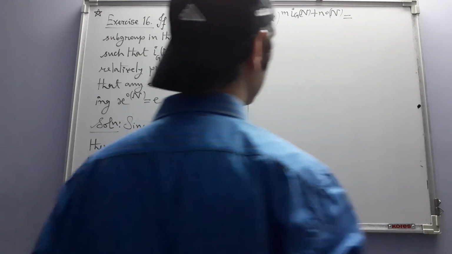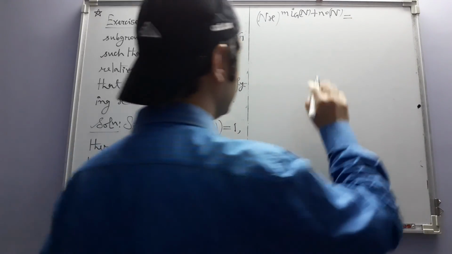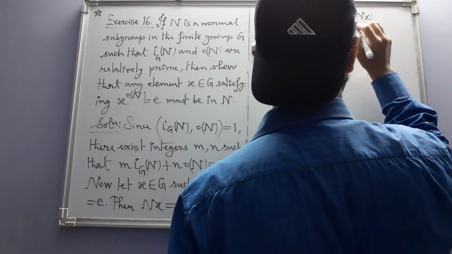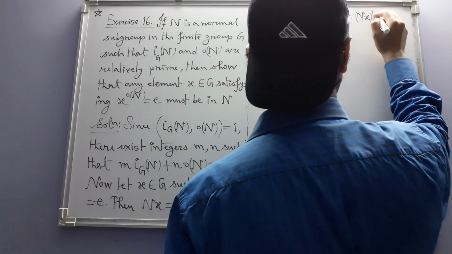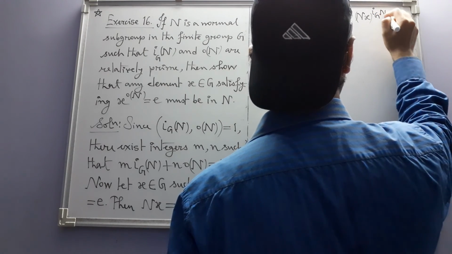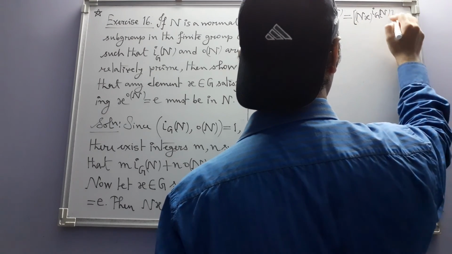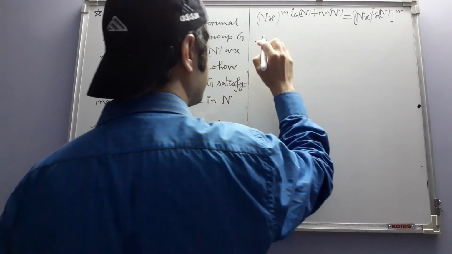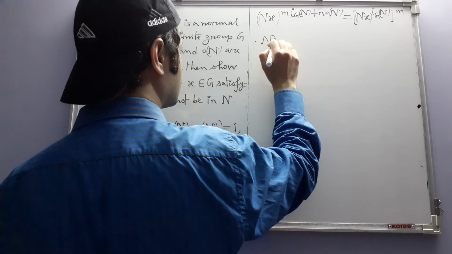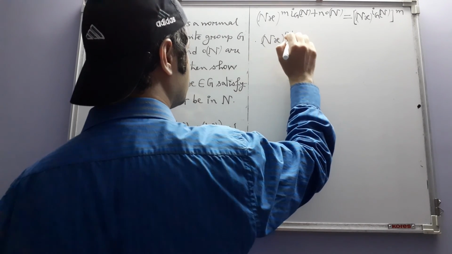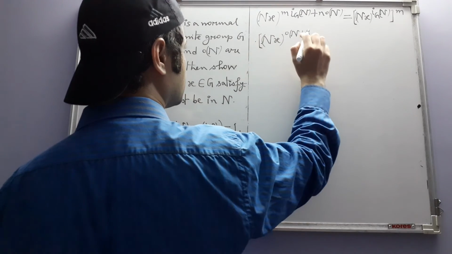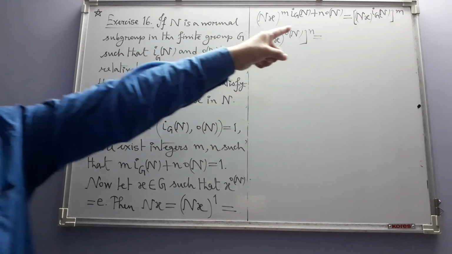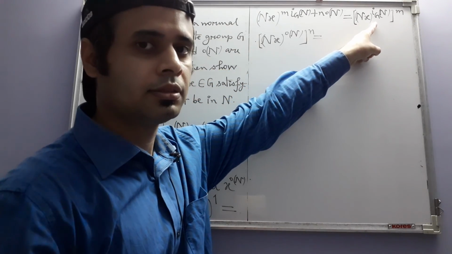Now use the rules of exponents and write this element as this: NX to the power index of N in G, to the power m, times NX to the power order of N, to the power n. Now in the first factor you look at this power.